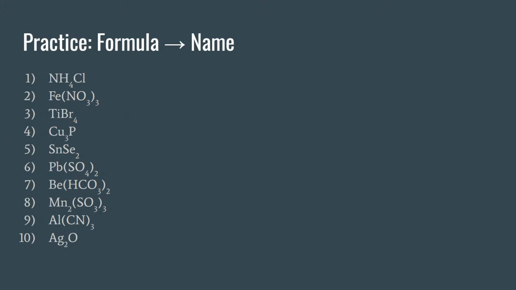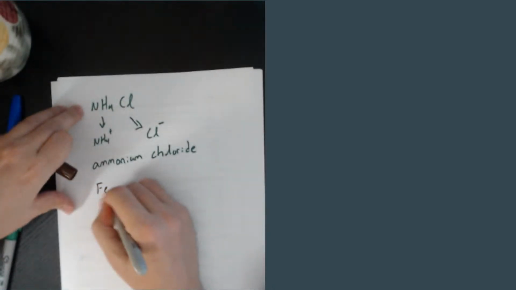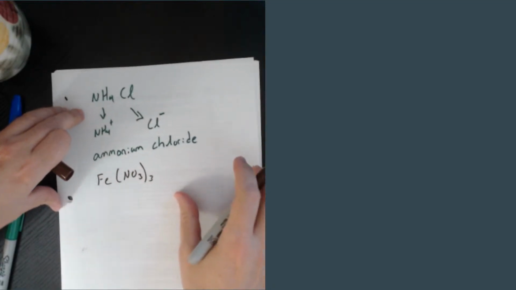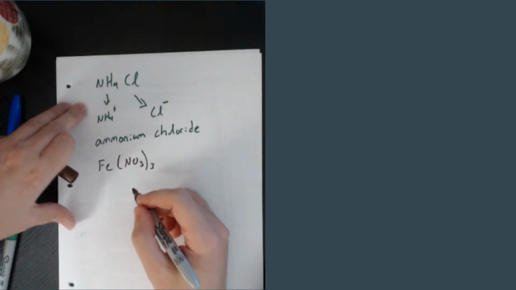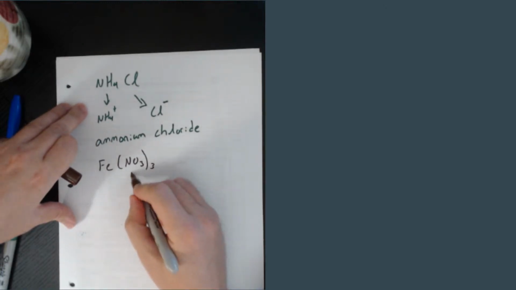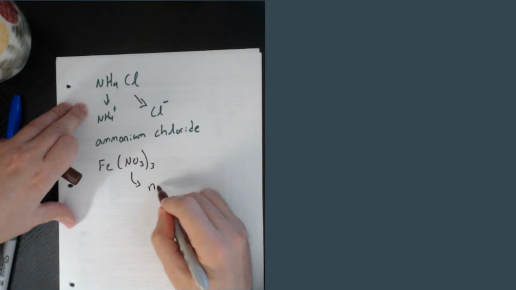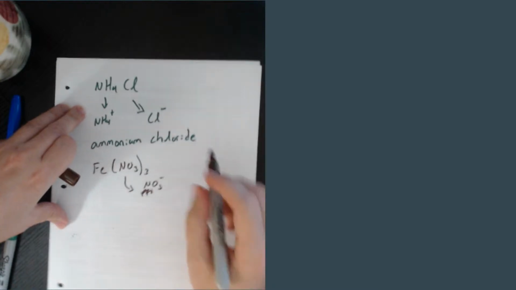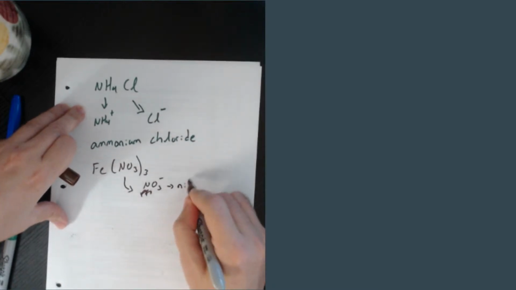So Fe(NO3)3. Once you get good at naming polyatomic ions, you'll know right off the bat that this is, let's just say NO3 1 minus, aka nitrate.